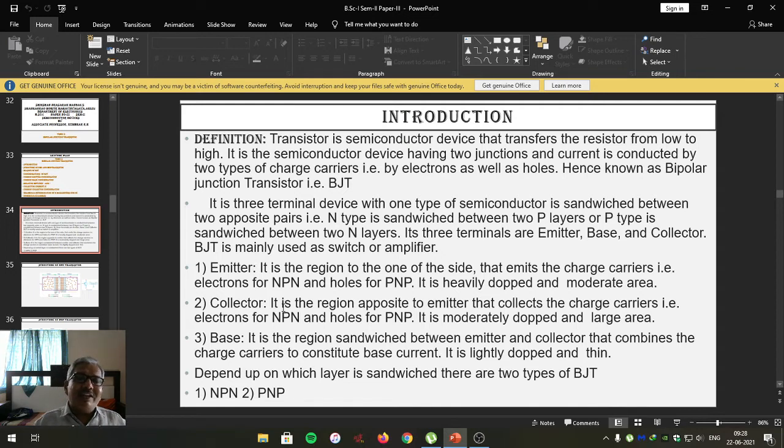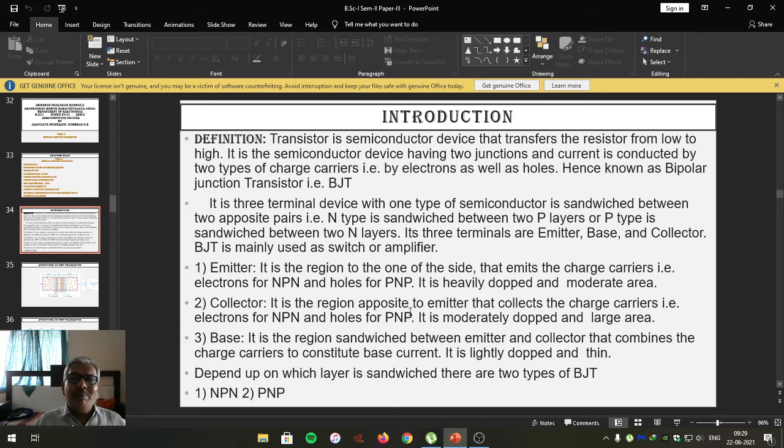Second terminal is the collector. It is a region on the exactly opposite side of the emitter that collects the charge carriers emitted by the emitter. So that's why the name collector. If the transistor is NPN, the collector collects electrons.